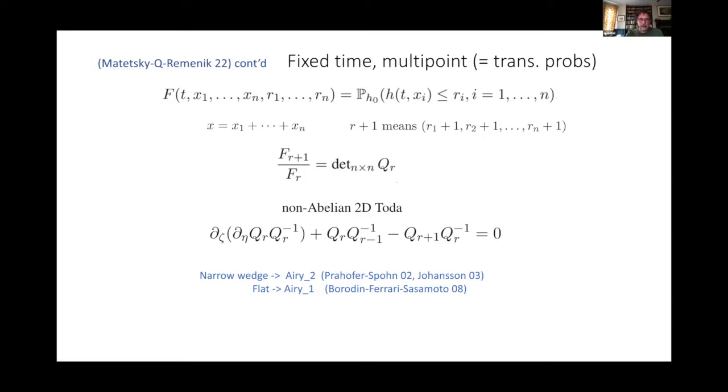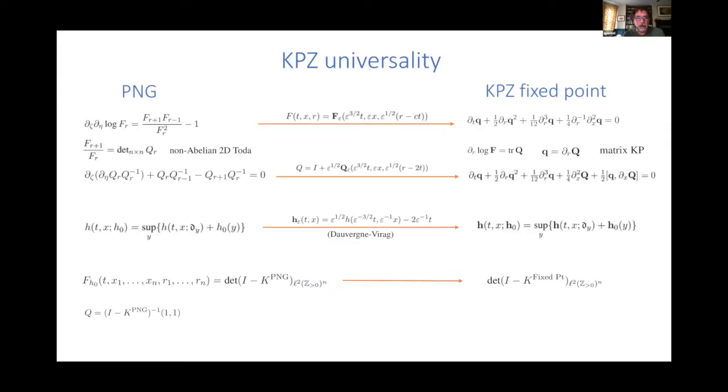Okay. So the main point is that the finite dimensional distributions of this thing are satisfying these completely integrable equations. Now relate this to similar things which we discovered in the last couple of years about the KPZ fixed point.